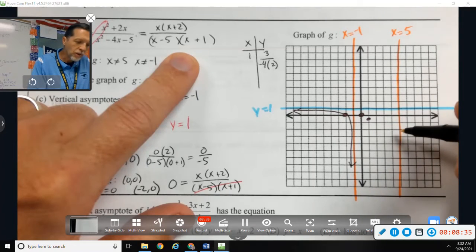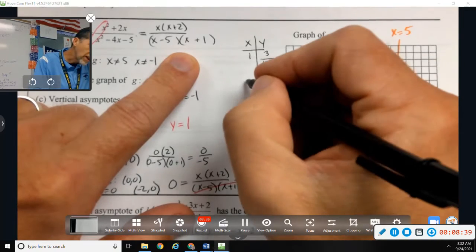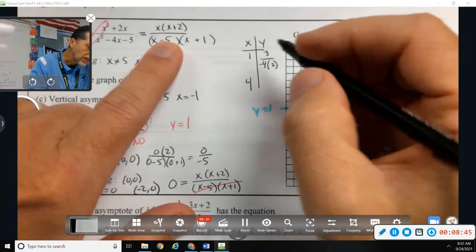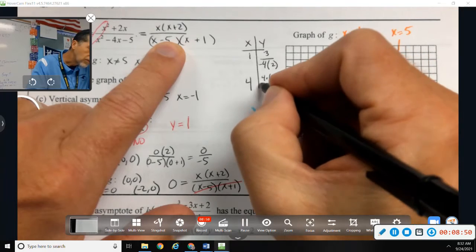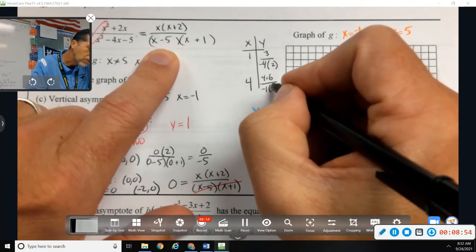I still need more information. I'm going to skip over 2, 3, 4. Let's try x equals 4. Maybe that'll be a better answer, or a nicer answer. So 4 times 6 over -1 times 5.